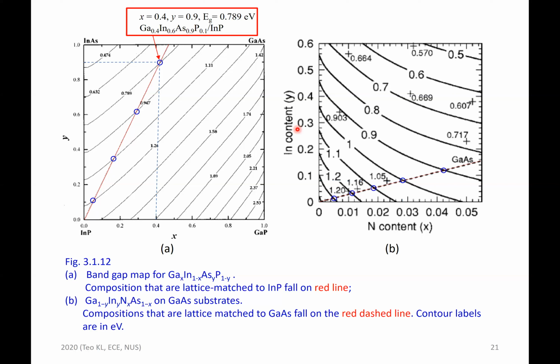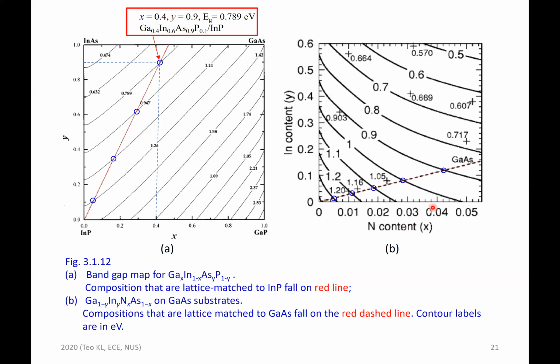So again, let's say I grow gallium indium nitride arsenide, with x from 0 all the way to 0.05 and indium from 0 to 0.6. I did not extend all the way to 1; it need not extend all the way to 1.